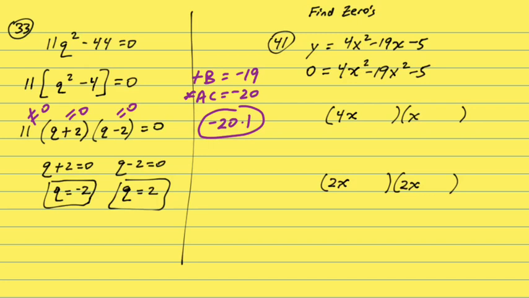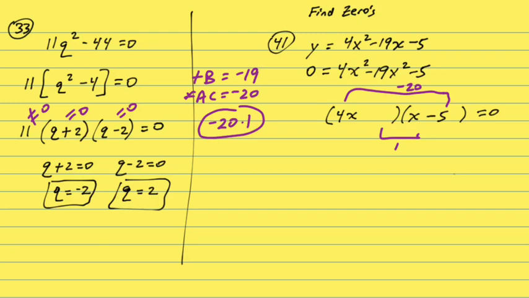Does 2 go into the 20? But does 2 go into 1 evenly? No. So it's really not that one. We're going to connect the outsides. 4 goes into the 20, so I put it there. 4 times what is negative 20?